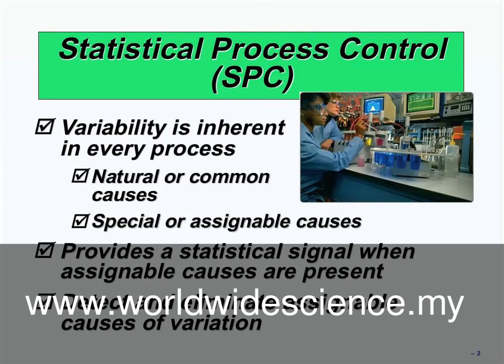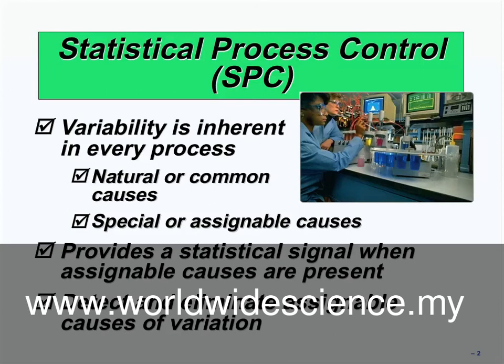If this variability is from natural or common causes, the operation manager cannot do anything because this is natural and it should happen, because all of the machines have a little error in producing, and the performance of the machines is not 100%.